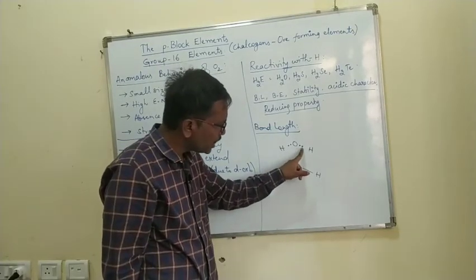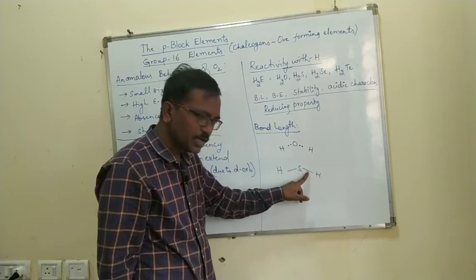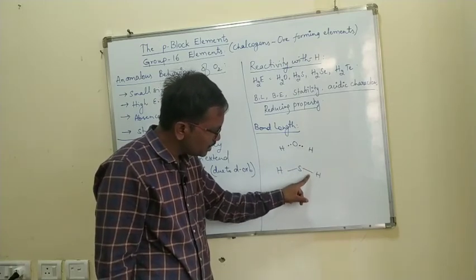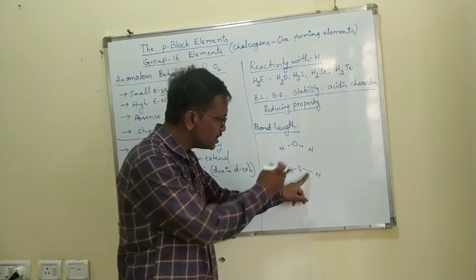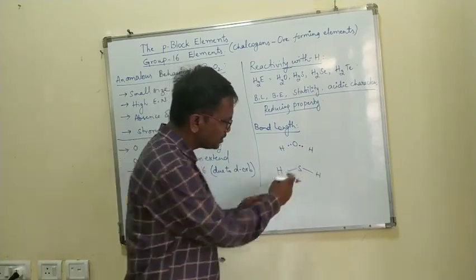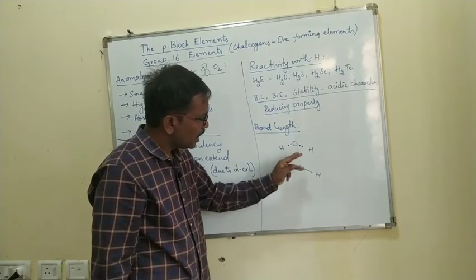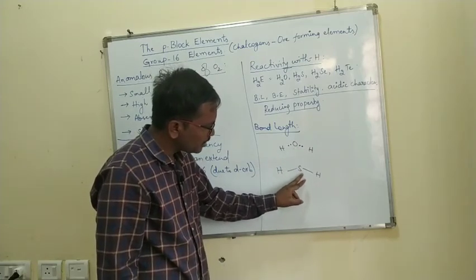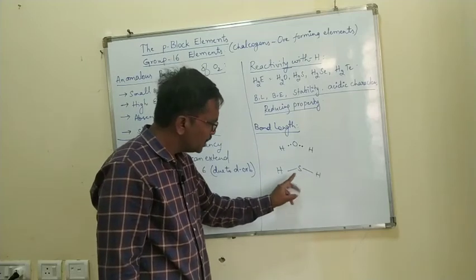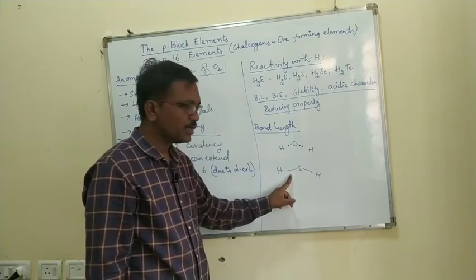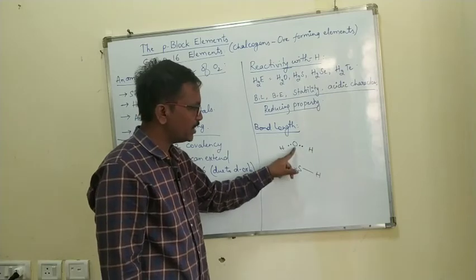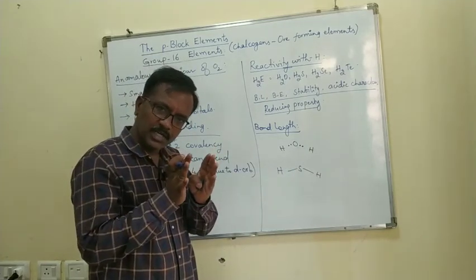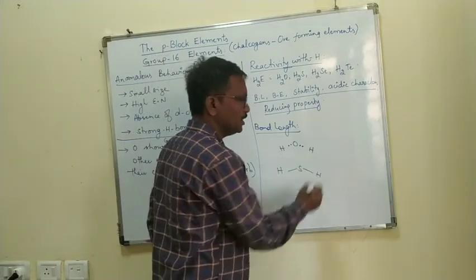So the bond pair electrons, sulfur giving 1 electron, hydrogen giving 1 electron, are somewhat away. Due to electronegativity, the oxygen-hydrogen bond length will be very small.